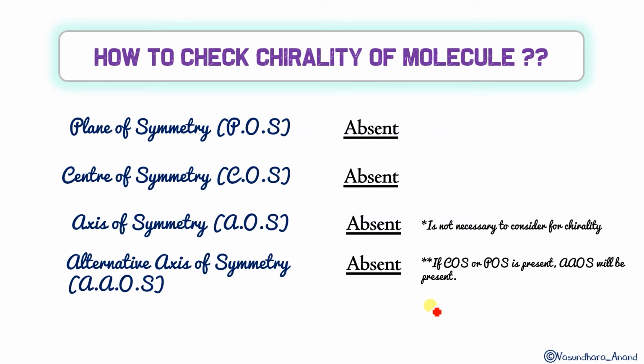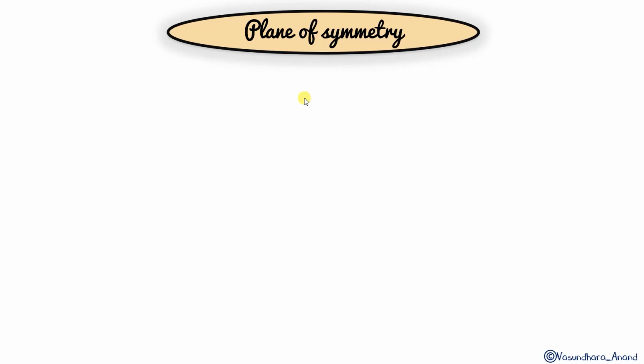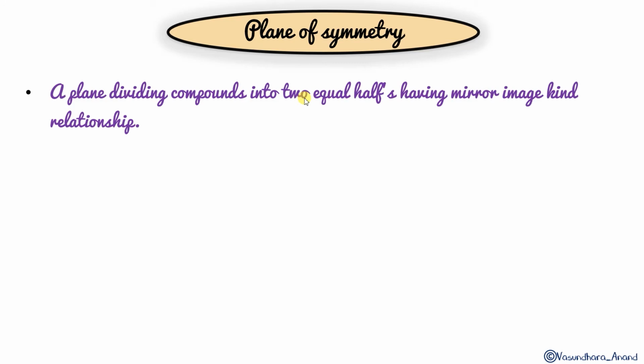So we have to know two things, that is plane of symmetry and the center of symmetry. Those two things should be absent. Yes, then only it will be chiral. Otherwise it won't be chiral, and if not chiral, it will be optically inactive. So what is this plane of symmetry? A plane dividing the compound, that means a plane which is going to divide the compound into two equal halves having a mirror image kind of relationship.